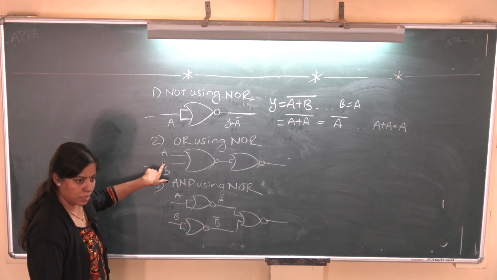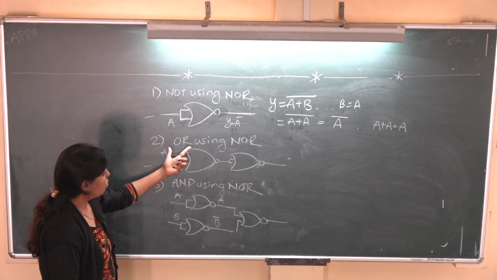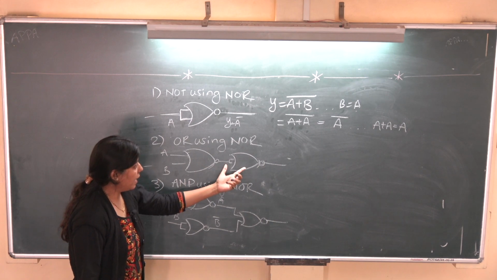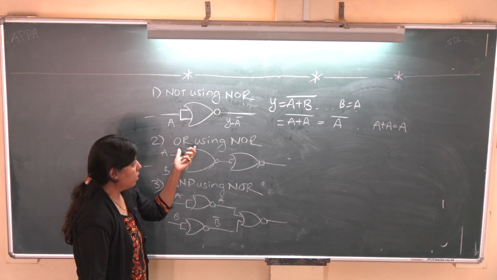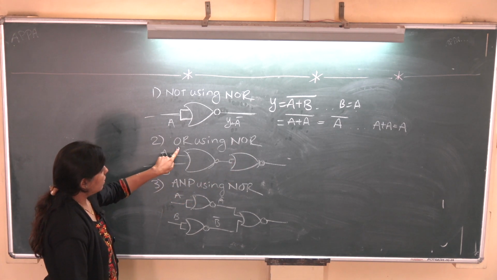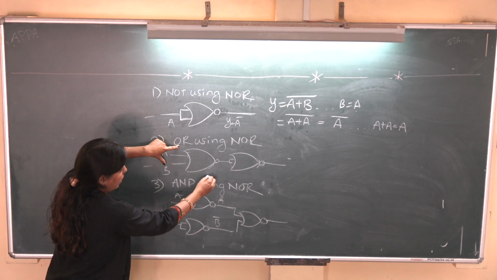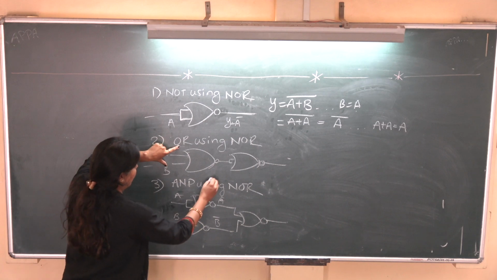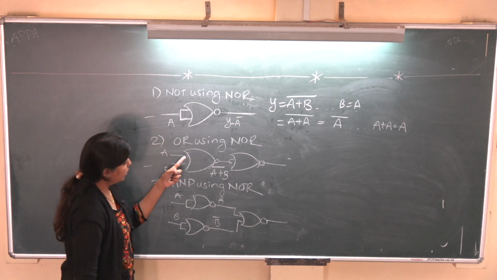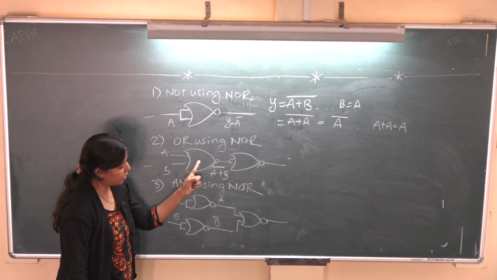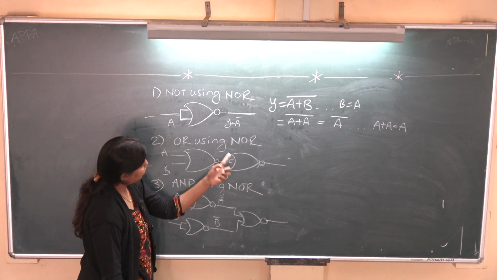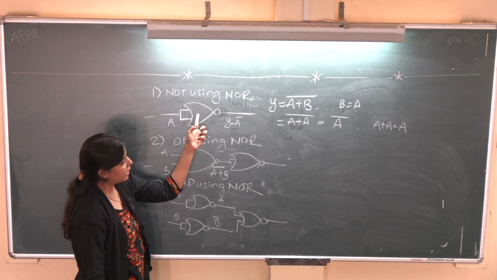Now the next expression is OR using NOR. In the OR itself we are having NOR. So the expression whatever you are getting is A plus B whole bar, because we are putting the two inputs to the NOR, and this is the NOR expression, and the same concept is considered as a NOT.